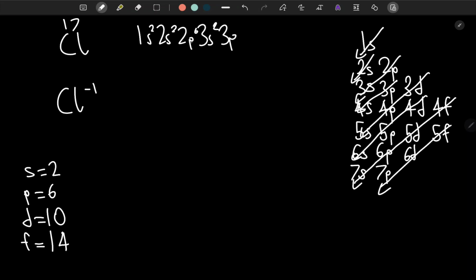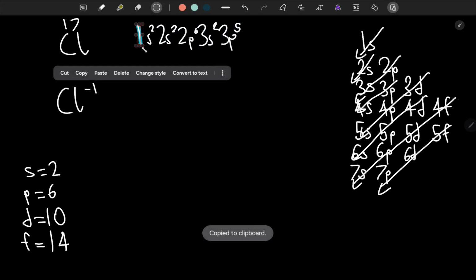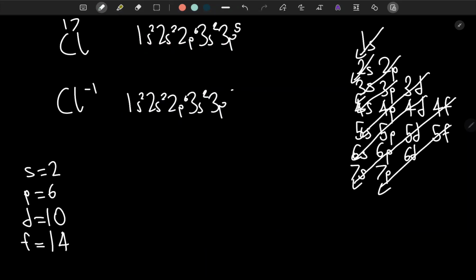We are at a total of 12, so we are left with only 5, so we only need to use 5 of the p's. In the Cl-1, we just need to add one more electron, so it's the same thing here, but the p will become 3p6. So if I copy paste this here, it's just going to be 6 here, and that's it.